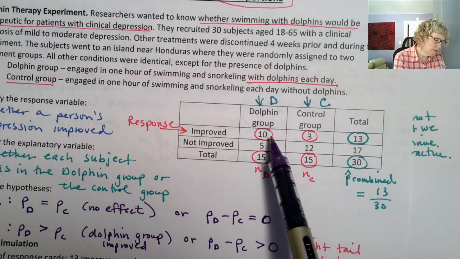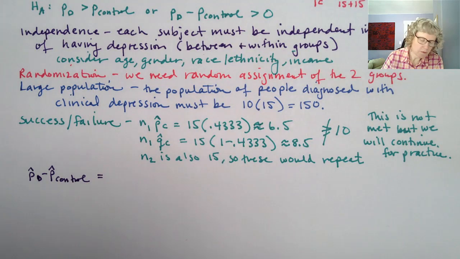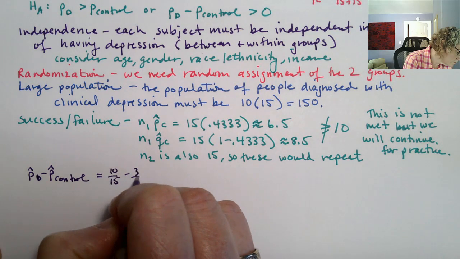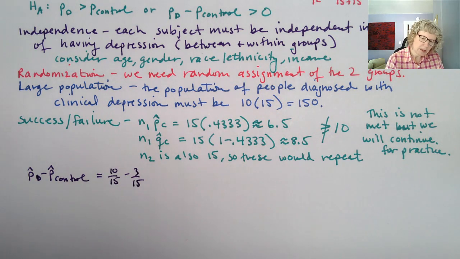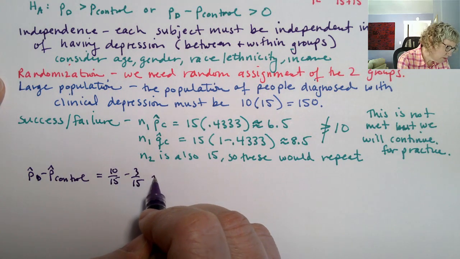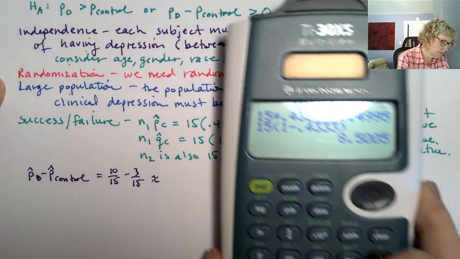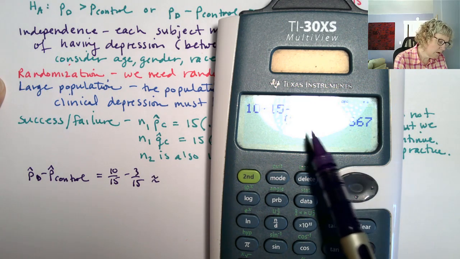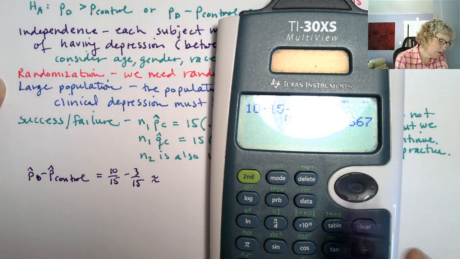Dolphin minus control, yeah, 10 out of 15 minus 3 out of 15. Okay, and we can get a value for that. That is 0.466, so 4 and 2/3 repeating.